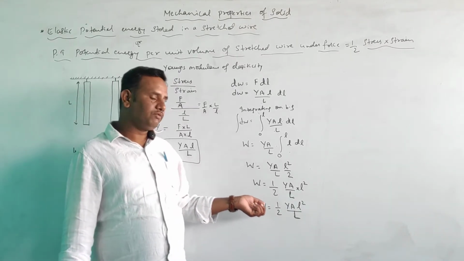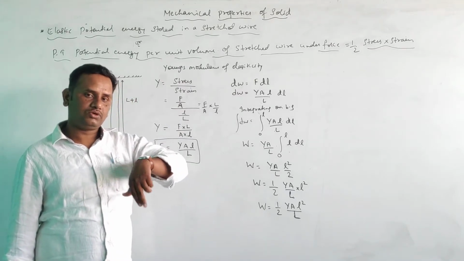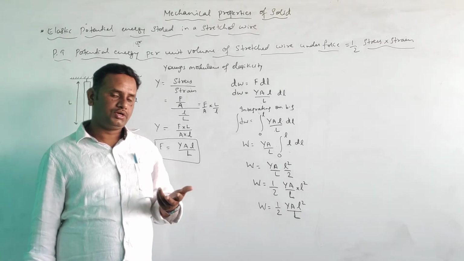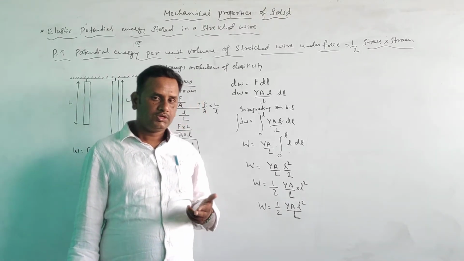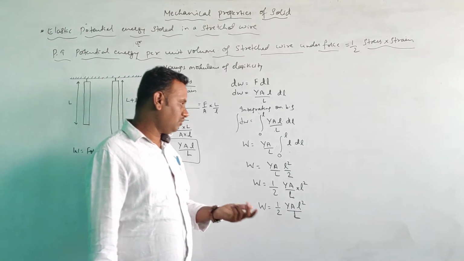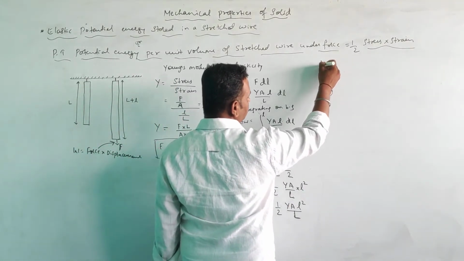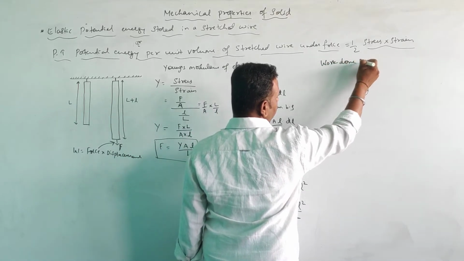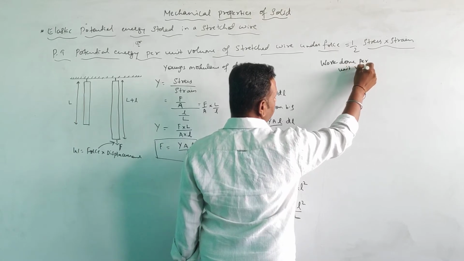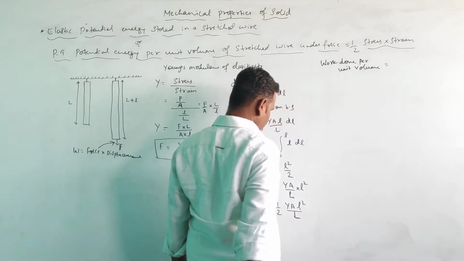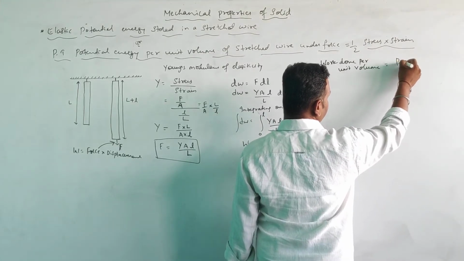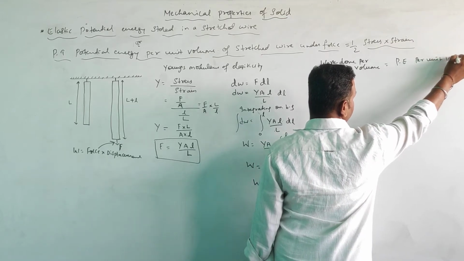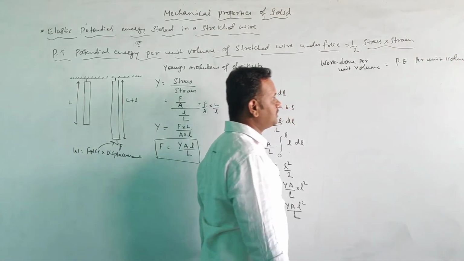Whatever work we are doing here is being stored as potential energy. So the work done per unit volume will always be equal to the potential energy per unit volume. That is being stored as potential energy.